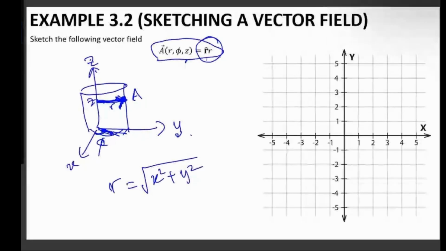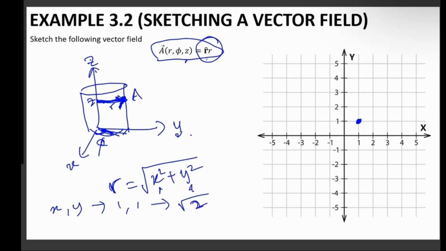This is the value for R. So let's take 1 and 1 here, this point, x, y equal to 1, 1. What is the value of R? Substitute 1 here and 1 here, it will be equal to square root 2.